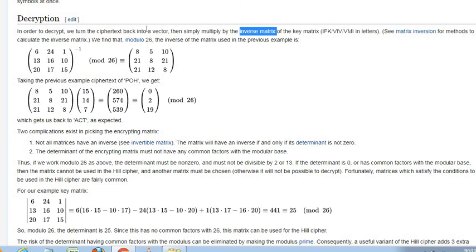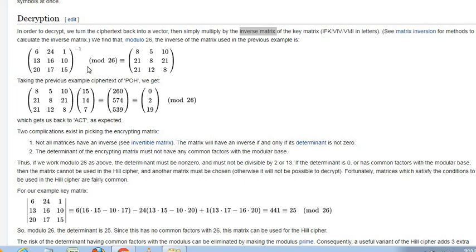After this we have the ciphertext POH, and that POH value will be multiplied. After the encryption, for the decryption, the inverse of the key has to be found.